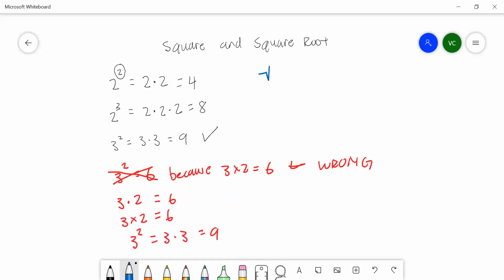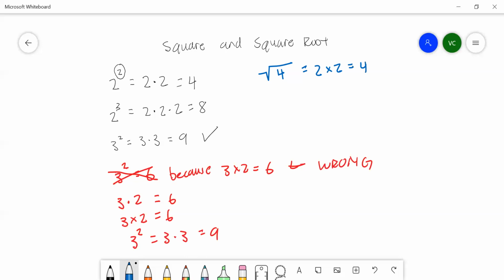So the square root of a number, like the square root of 4, is just asking what number times the same number is going to equal 4. Well, 2 is the same number as 2, right? And when you do 2 times 2, that's 4.